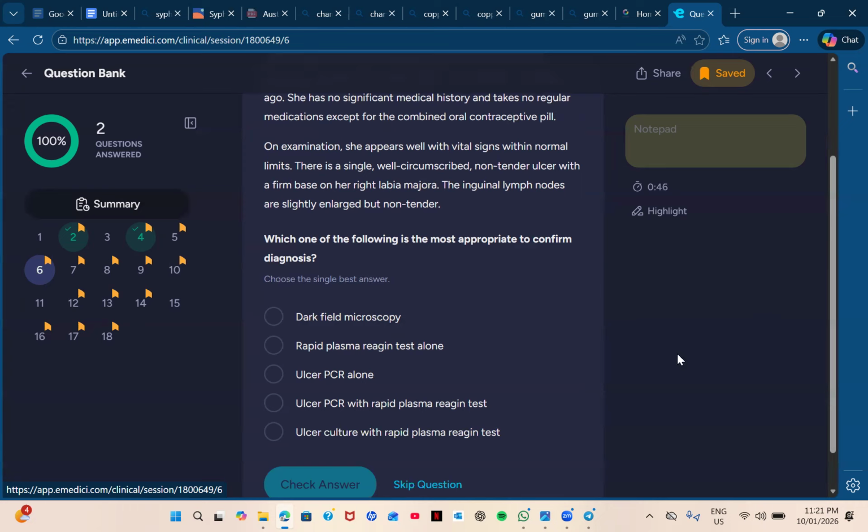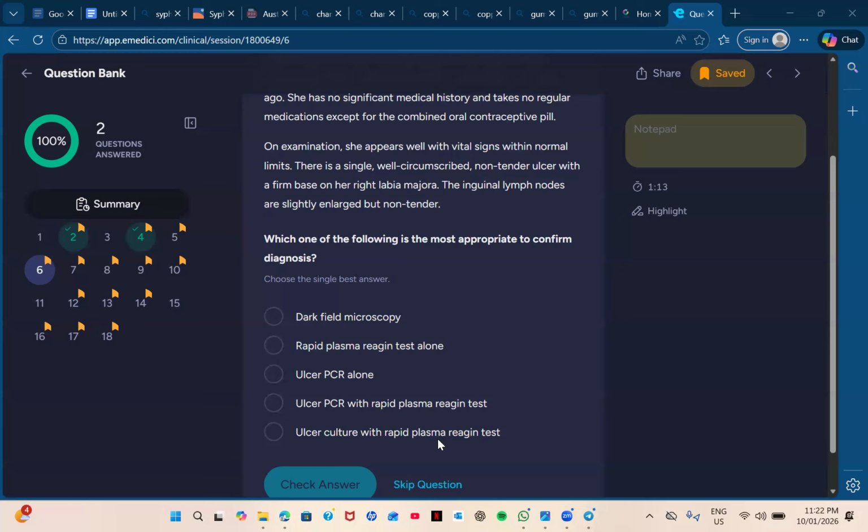What do you think? What about other doctors?